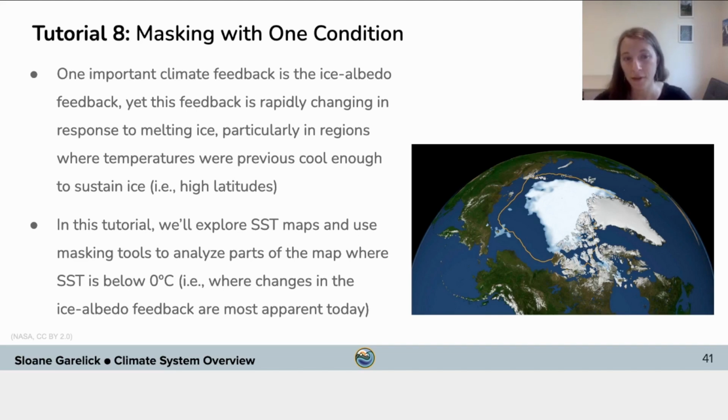So in this tutorial, we'll explore sea surface temperature maps, and we'll use masking tools in order to analyze parts of the map where sea surface temperature is below 0 degrees Celsius. In other words, we'll use these tools to understand changes that are occurring in parts of Earth where this ice albedo feedback is having the most significant impact.